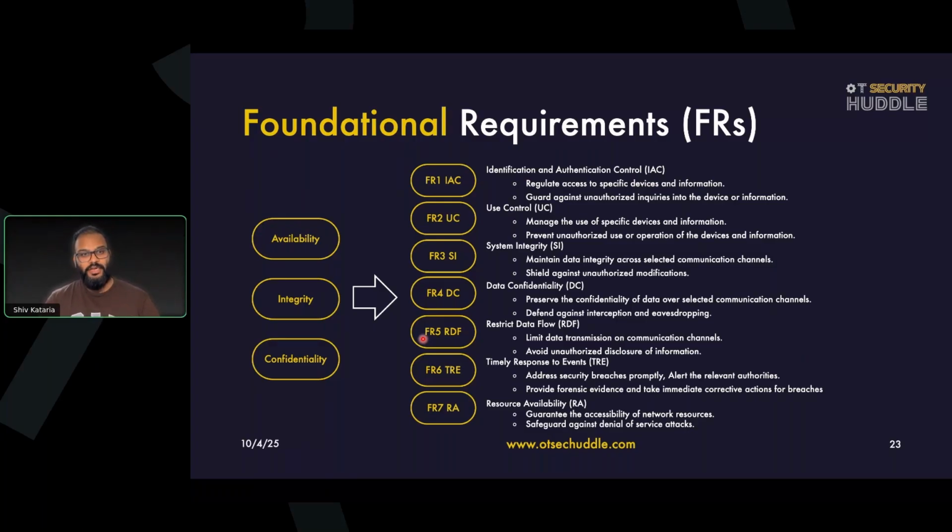To put in granularity and auditability, these 4 goals of safety, availability, integrity, and confidentiality are put into 7 foundational requirements, and these are the pillars of cybersecurity according to ISO 62443. They are applicable for system level security, and also for product level security. Products could be your PLCs, your switches, your operating system, your SCADA application, and so on and so forth.